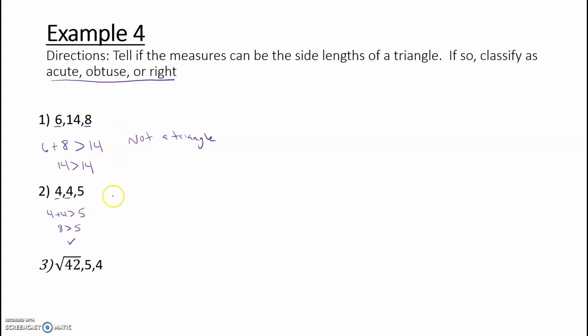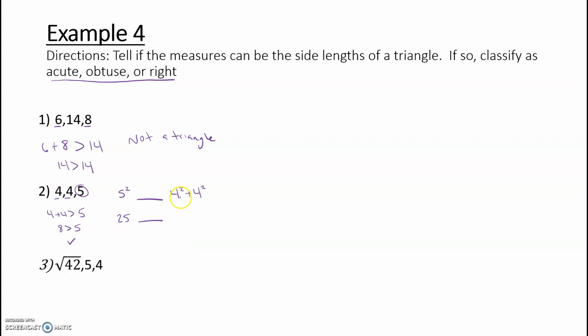So let's set up our Pythagorean Theorem. I'm going to put C first. C is always your biggest. So we're going to say C squared. Now, I don't want to put equals because I don't know. It could be greater than, less than, or equal to a squared plus b squared. So again, c will always be the biggest number. 5 times 5 is 25.